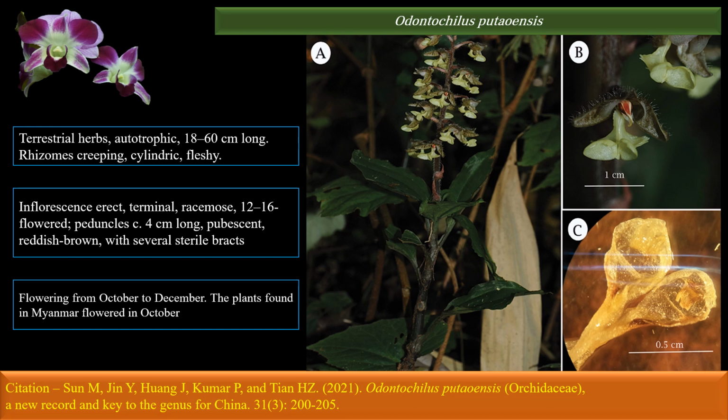You can go through the citation that I have given below and get to know more about this orchid, and it is also a new record and key to the genus for China. Then move to our next one.